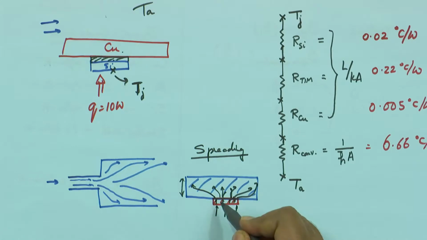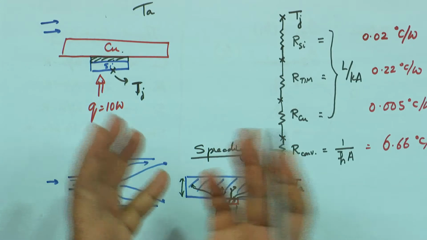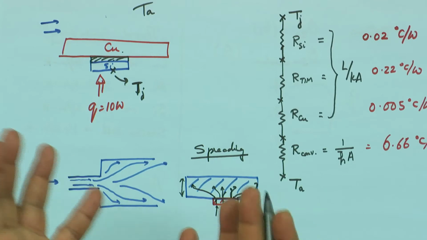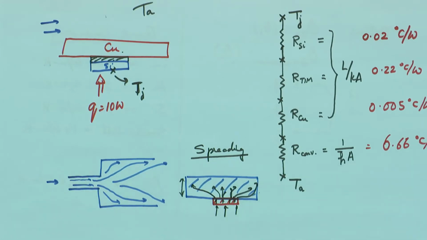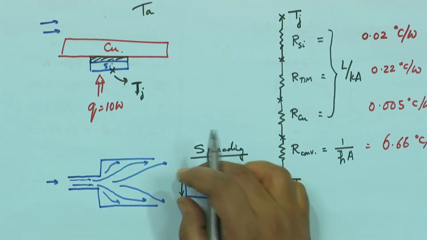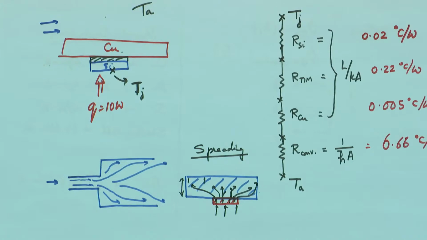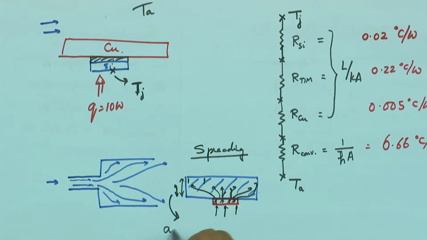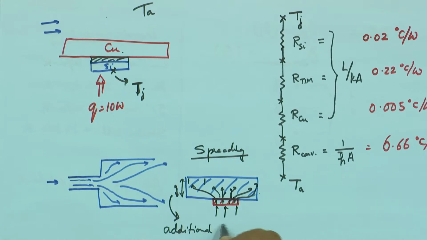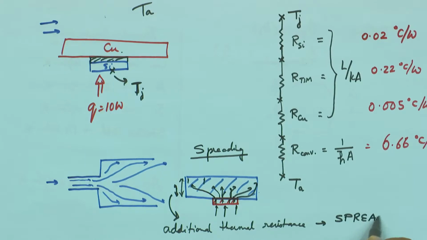For some distance it cannot utilize the entire surface area that this block offers, because it needs some thickness before it can spread out fully and then get conducted in one dimension, only in one direction. So, there is some lateral spreading towards the beginning, and this part therefore offers an additional thermal resistance, and this is called the spreading resistance.